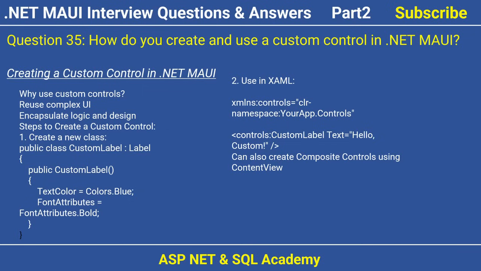In .NET MAUI, custom controls let you create reusable UI components by extending existing controls or combining them. To create a simple custom control, inherit from an existing control like Label and customize it. As in the example, you can then use it in your XAML by referencing the namespace.